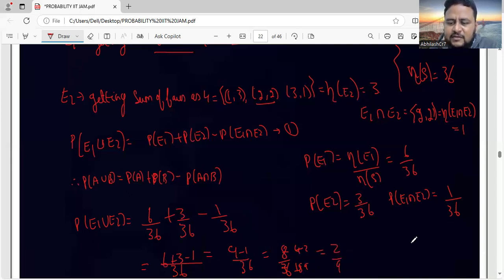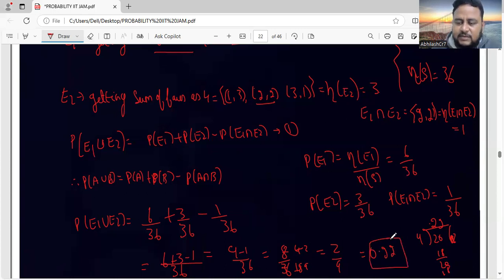So 2 by 9, if you do the division, put 0, 9 twos are 18, again 2 will come here, again you put 0, 9 twos are 18, like that. So you will get 0.22. You'll get the answer as 0.22 rounded off to 2 decimal points.